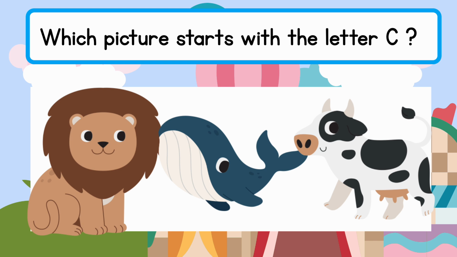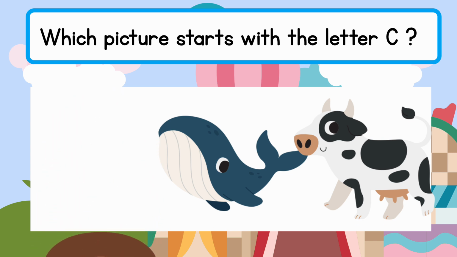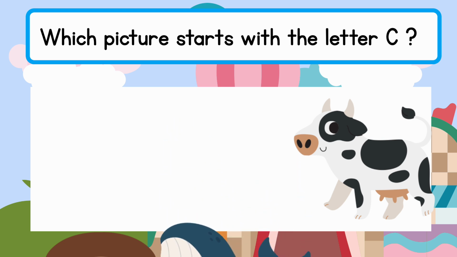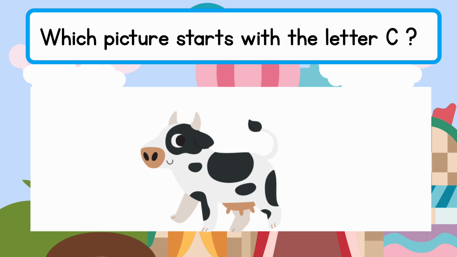Cow. Okay, let's have a look. So it's not lion because it's gone down. It's not the dolphin. We are left with a cow. Well done. Cow begins with the letter C. Cow.